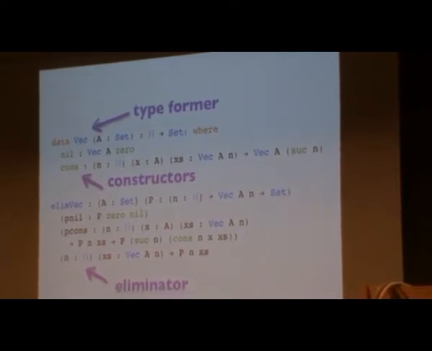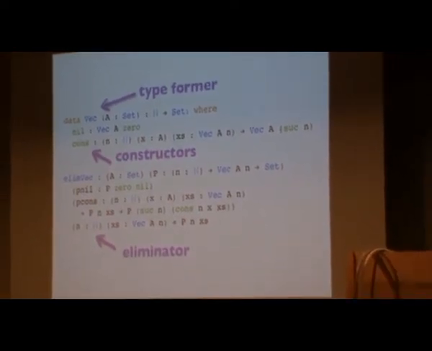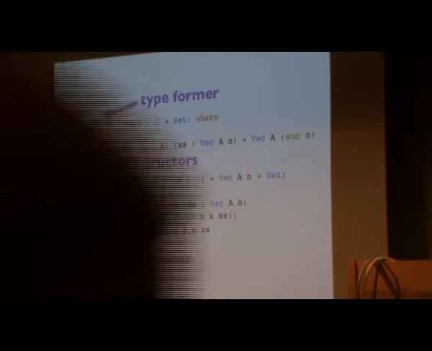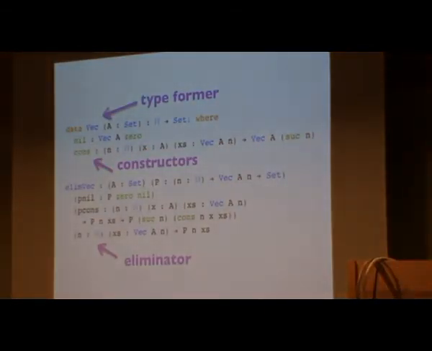You have the parameters of the type former, and then the indices, and then for each constructor, you have the constructor taking a bunch of arguments as function arguments, and then ending in some index. And the eliminator starts with parameters, and then you have the motive for the eliminator, and then all the different branches. So the eliminator here is basically the fold algebra for dependent types.